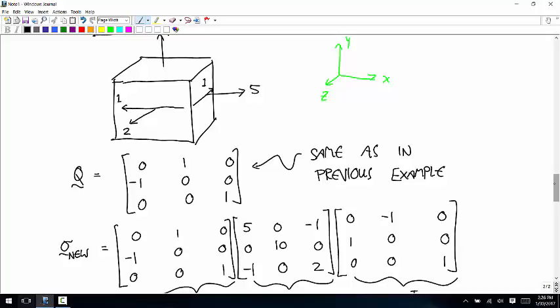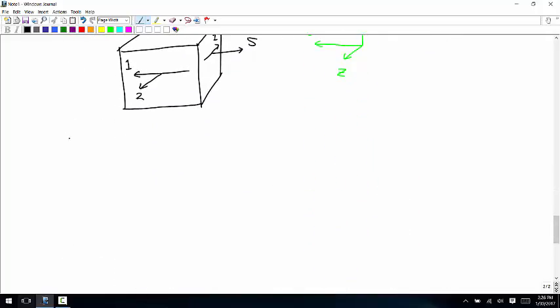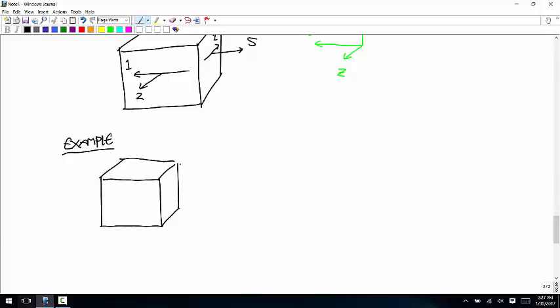Okay, so let's do an example. Let's say that we start out with this state of stress, where this is 10 megapascals.